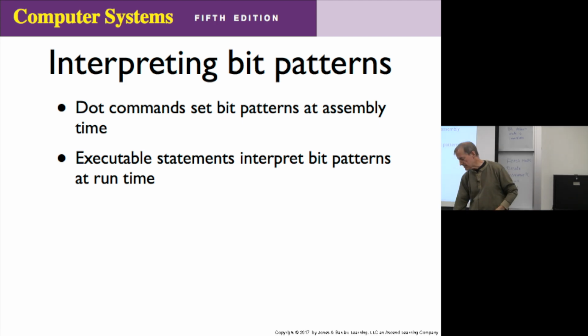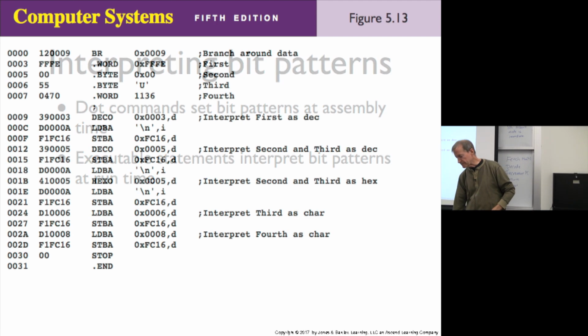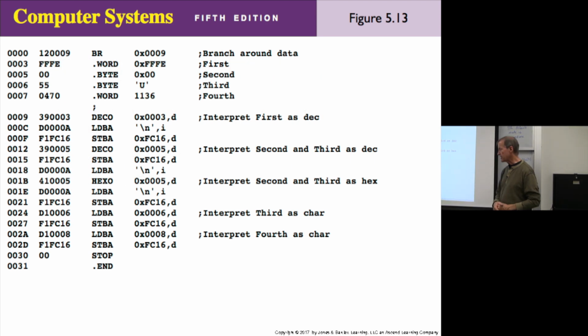Now this next program illustrates this. Let's see if we can predict the output of this very complicated looking program in figure 5.13. First, what do we have at address 0000? Branch to where? 0009.